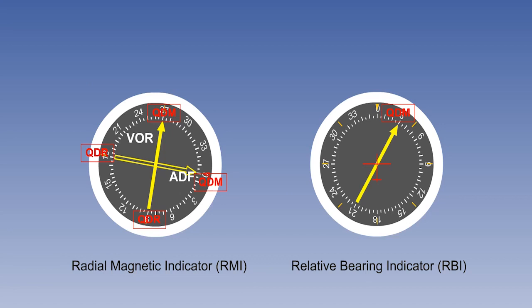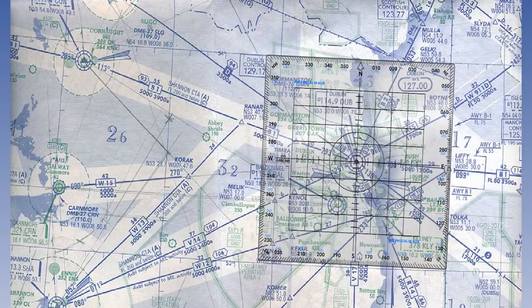The RBI and the pointed end of the RMI needles give QDM. This is the magnetic track to the VOR or NDB. This is useful for homing to a facility, but not for plotting.